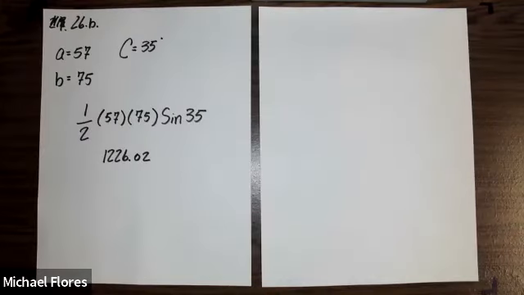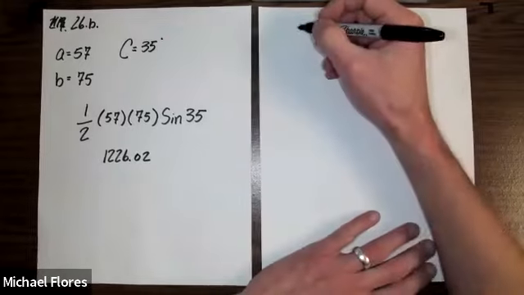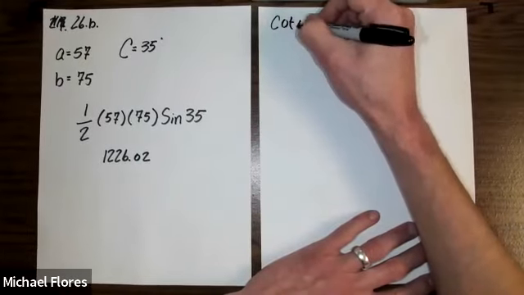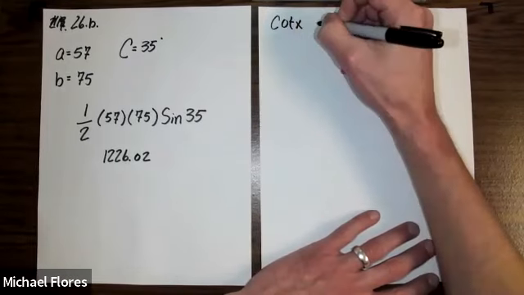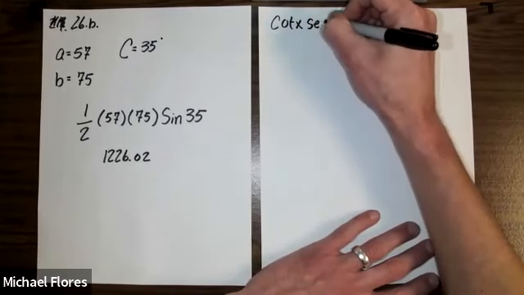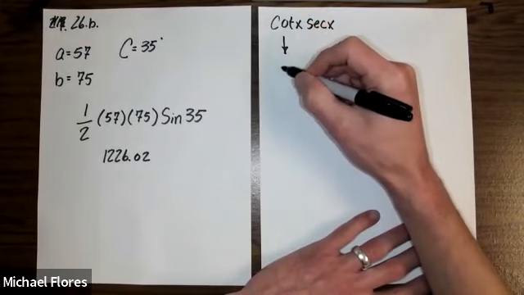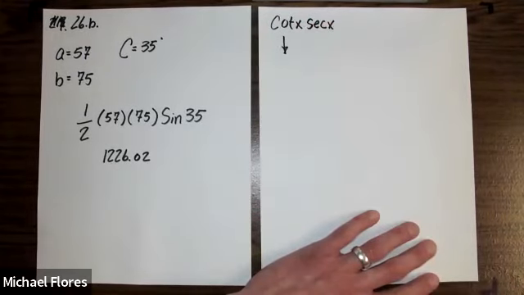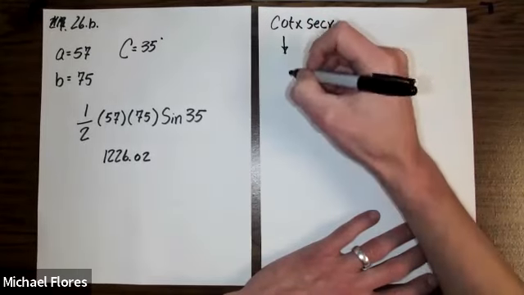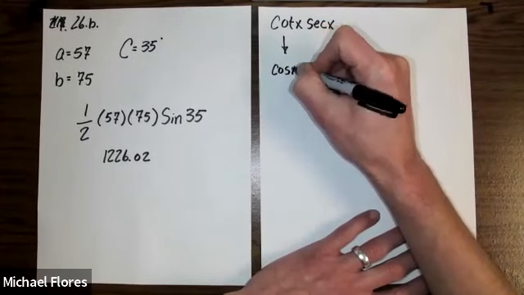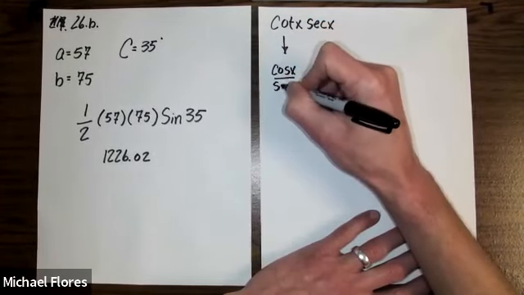On 27 through 32, I believe that is a review of unit 5 stuff. We have cotangent of x times secant of x. Usually if you see cotangent of x, whenever we're trying to simplify, if we're trying to solve, that's a little bit different, but when we're trying to simplify, you're going to want to switch it to its quotient identity, which is cosine of x over sine of x.